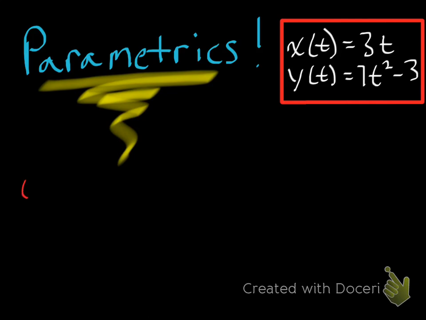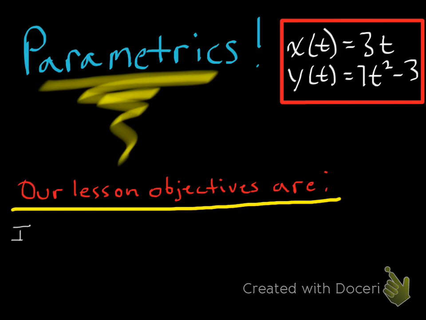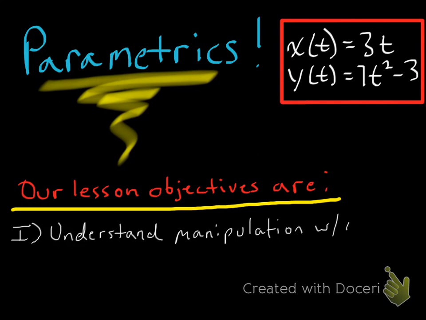So today let's just talk a little bit about our lesson objectives. For this video, what we want to do is, one, be able to understand how we can manipulate parametric equations using calculus, so that means differentiating and integrating them, because it can be done.